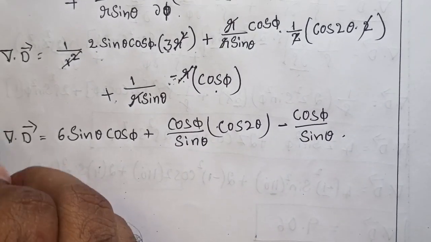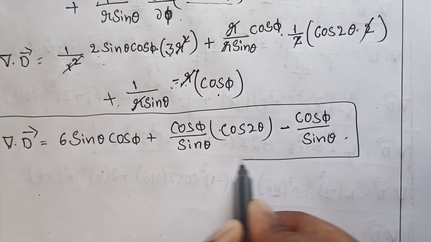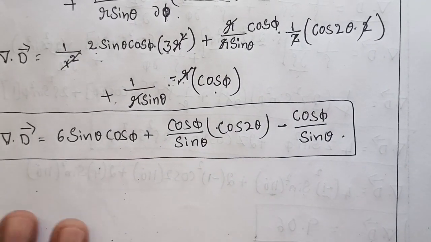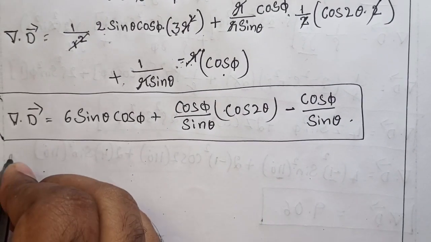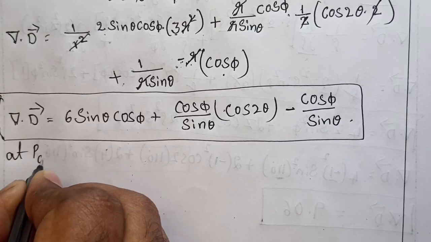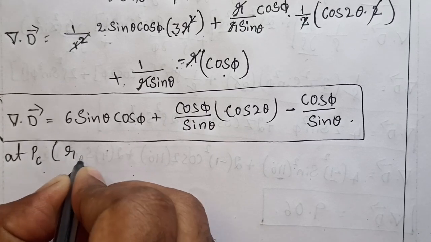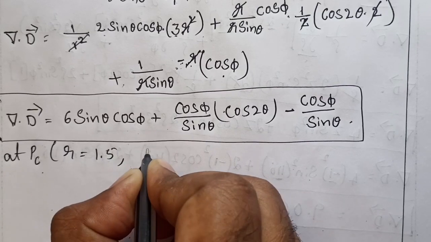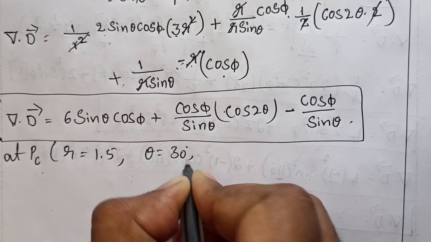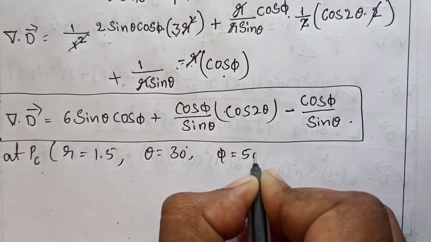So this is del dot D, the divergence of vector D, and now I have to substitute at P_C. What is P_C given? r equals 1.5, theta equals 30 degrees, and phi equals 50 degrees.